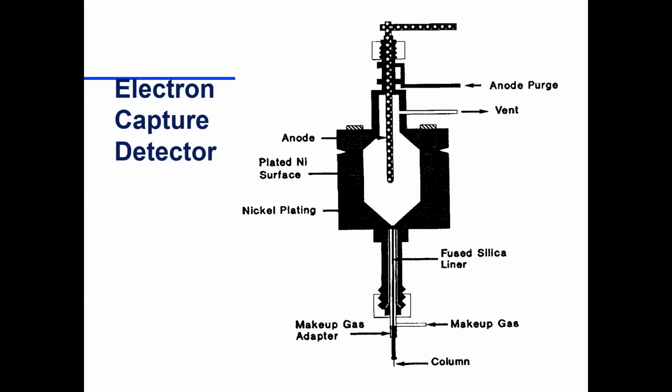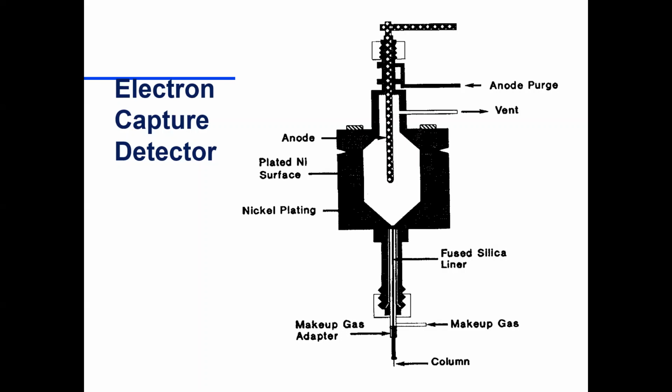As it gives off electrons, those electrons are measured here, so we get an electrical signal between the wall here. As organic compounds we want to measure come up here, the organic molecules absorb the electrons, so the current decreases. We normally have electrical current between the two, but anything that traps electrons basically reduces that signal.